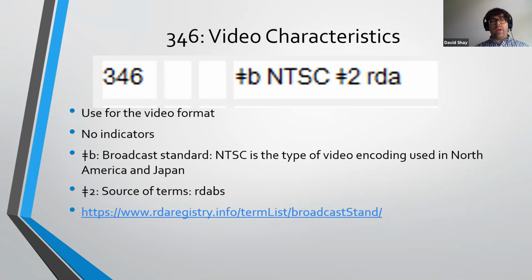PAL is what most video encoded for television broadcast in Europe uses. It is a slightly different frame rate, I believe, a slightly different encoding rate. There will be slight color differences, and certainly it can be a problem for older TVs.